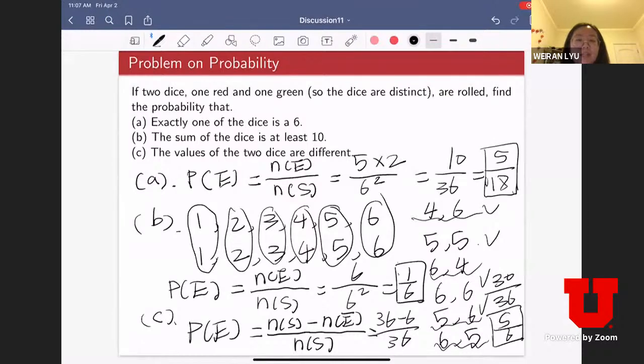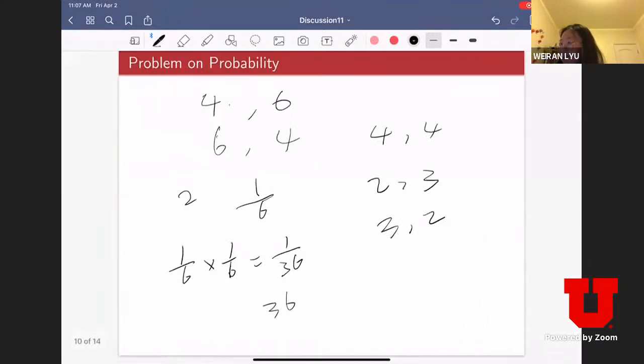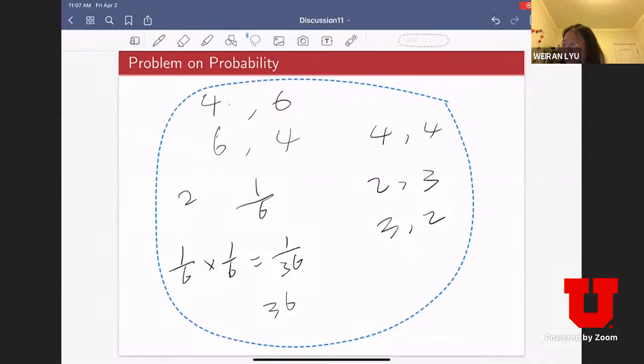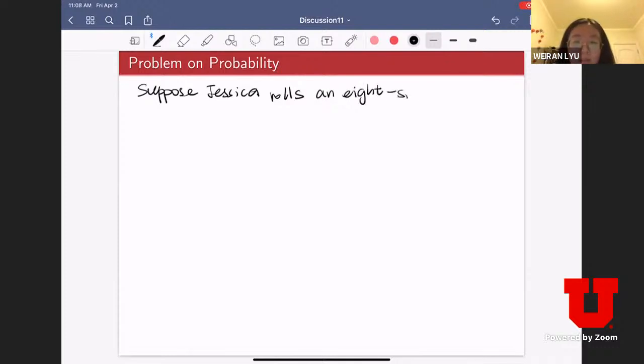All right, so the next question is another probability question. So I'm just going to write it down. Suppose Jessica rolls an 8-sided die, and John rolls a 6-sided die.